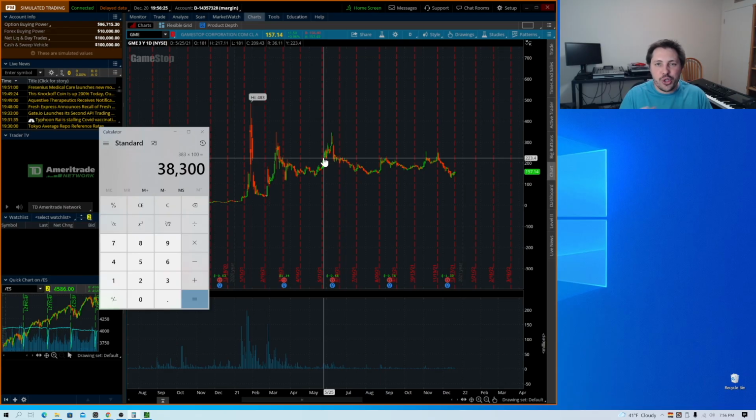Whether it's long or it's short, whether you're buying or selling, and that you need to understand that, right, when you buy to open a position, you're going to need to sell to close. And when you sell to open a position, you're going to need to buy to close, right? So these are really, really important.